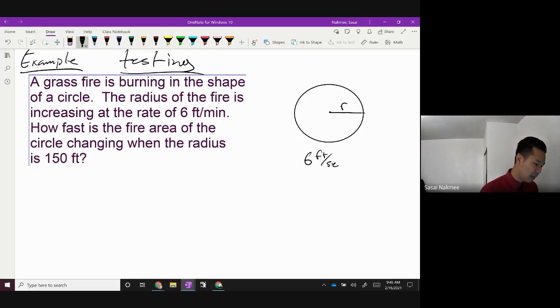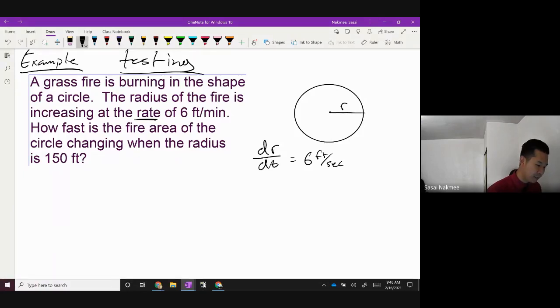Now, this is a difficult part right here. What would you say is that variable equal to? Normally, we would say r is equal to something, the radius is equal to something. But they're telling us that the radius of the fire is increasing at a rate of, so I wouldn't just use r here. I need to write r as a rate of change, the change in radius compared to the change in time.